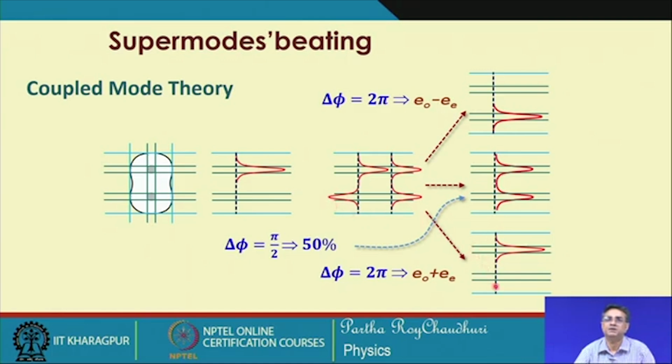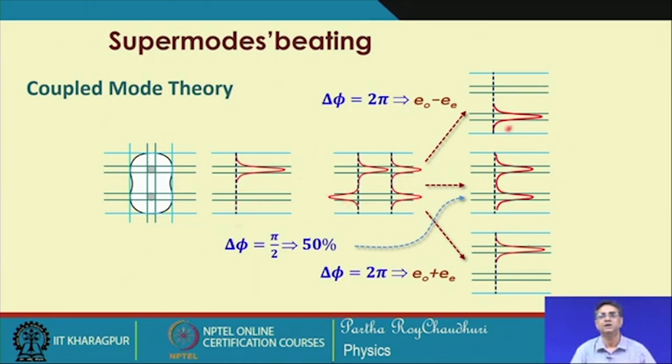Somewhere in between, when the phase difference corresponds to pi by 2, the light will be split 50% into both, identical lobes will exist in both waveguides, provided the two fibers are identical.